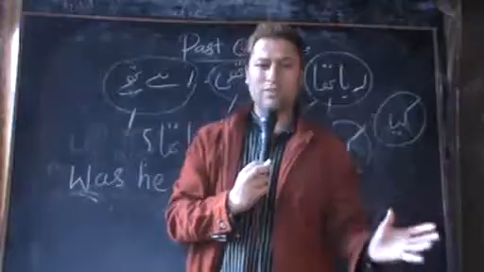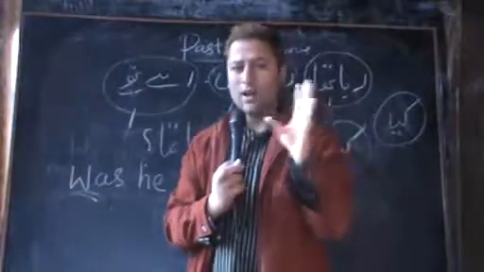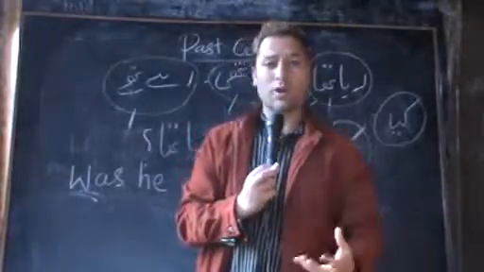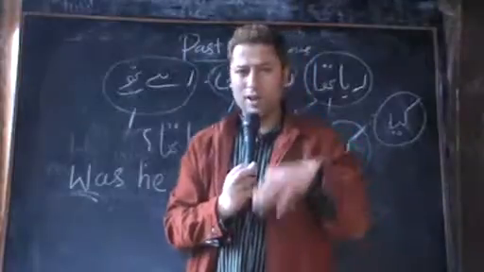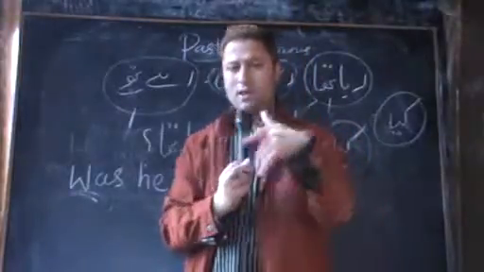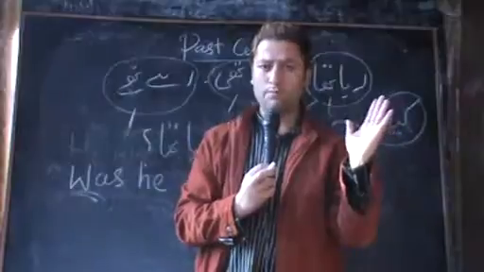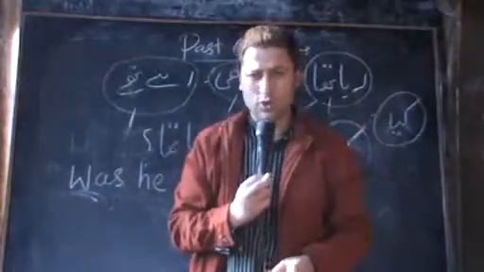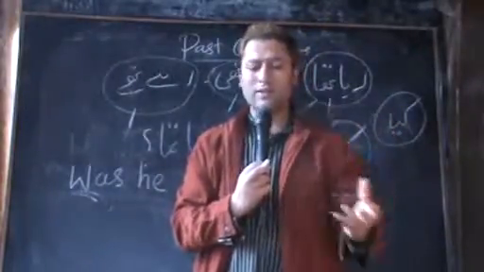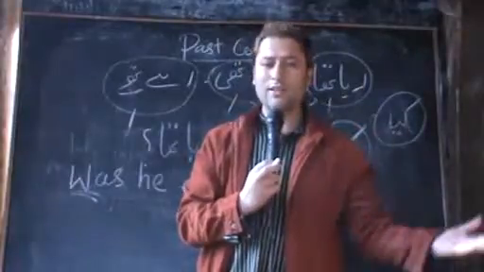So we'll see the example, kya wo ja raha tha. So it starts with the interrogative mark, and we have to translate the helping verb and start with it. Was he going?